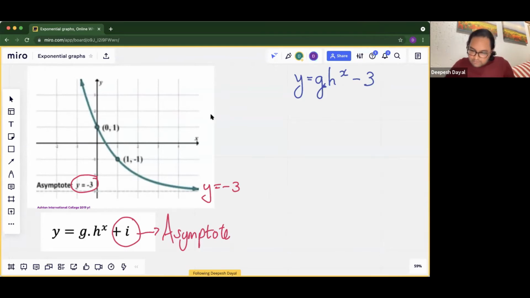So let's do that. Let's plug in 0 and 1 in there. Sometimes you can plug in 1 and -1, and then you'll say, "Ooh, this is not working." Then obviously you go back and try the other one. That's fine. You sometimes don't get it right the first time.